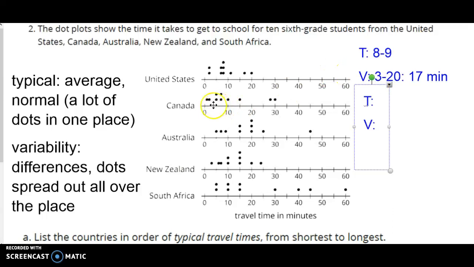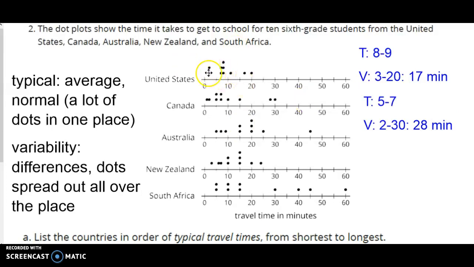There's a lot between 0 and 10, but specifically they seem to be a little closer to 5. So I might say here 5 to 7 is where I see a lot of dots. And then my spread goes from almost 0, maybe like 1 or so, 1 or 2, to 30. So that's a spread of 28 minutes.